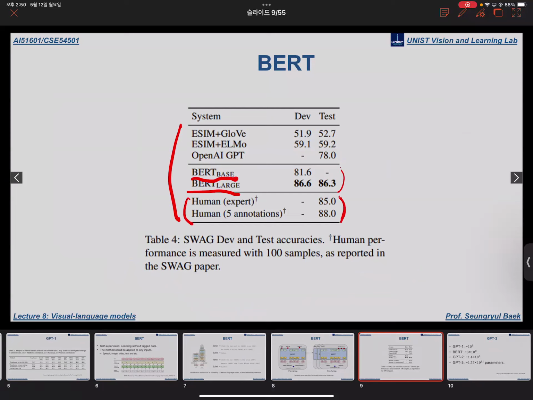It shows that the performance is almost similar to the human expert. And this is GPT-1. After GPT-1 made by OpenAI, Google proposed this BERT and showed that its performance could be better than OpenAI's GPT. And these are also previous models.